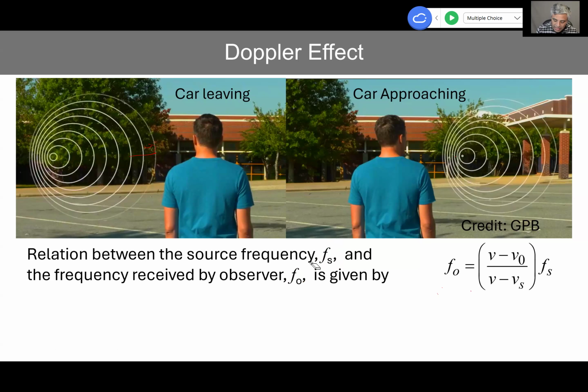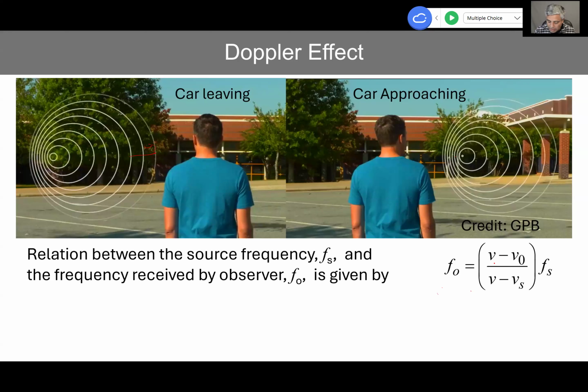So if we collect all of those, we get this equation. If you look at the note, I have written something like this. I have included both positive and negative signs in that equation.